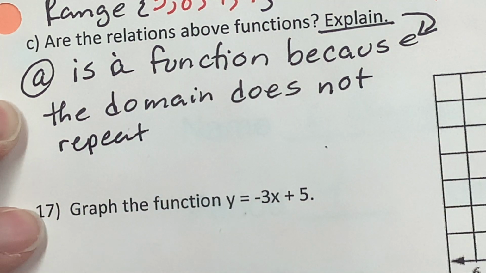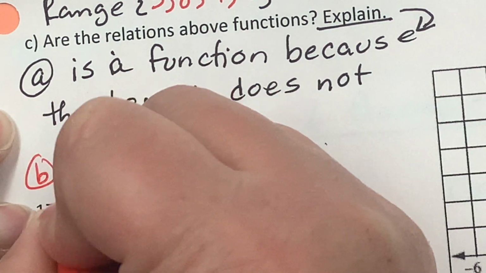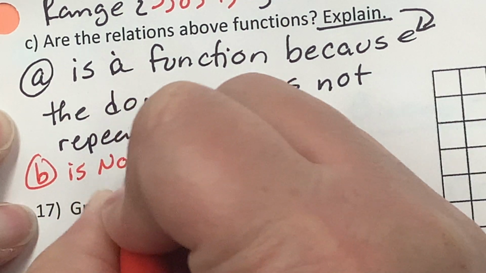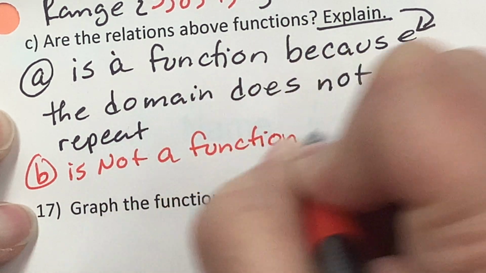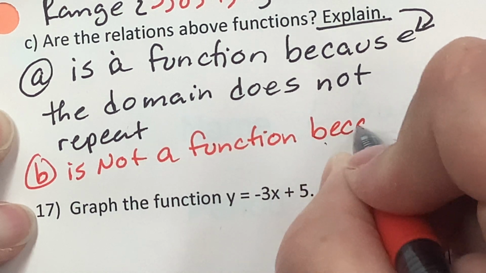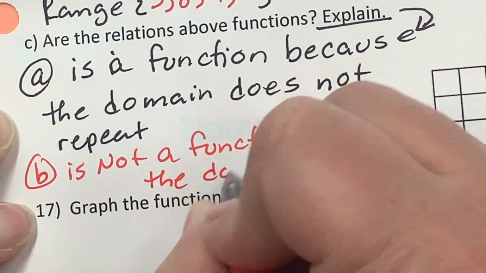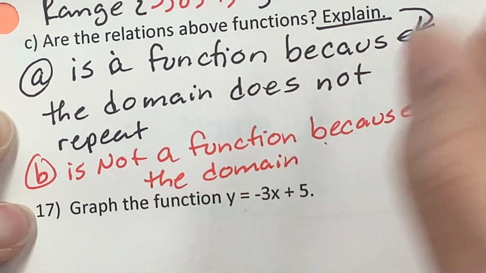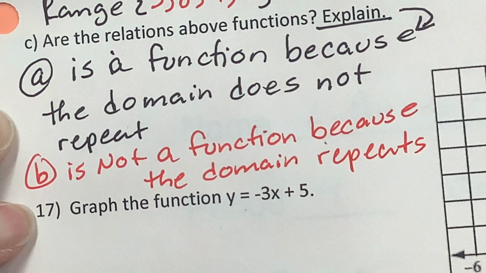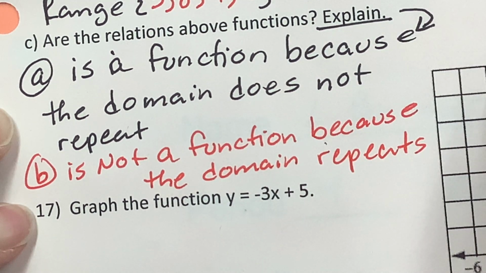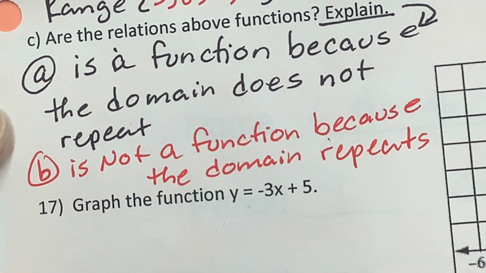And B is not a function, the domain does repeat. B is not a function because the domain repeats. So because that 0 repeated, it's not a function. But in the first one, nothing repeats, so it's totally a function.